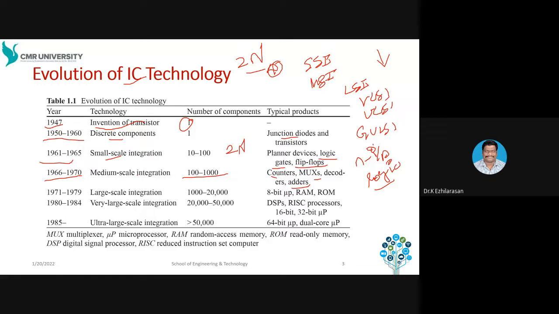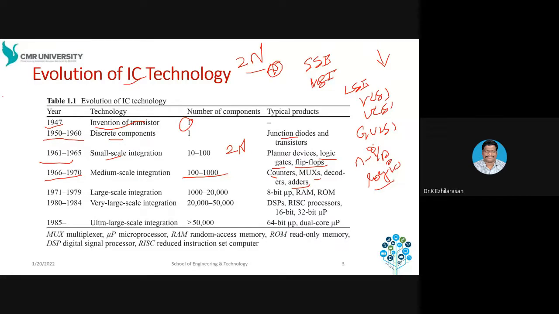This is what you studied in your digital logic integrated circuits. Initially you studied logic gates, and later with the help of logic gates you designed decoders, encoders, multiplexers, demultiplexers, counters, and adders.